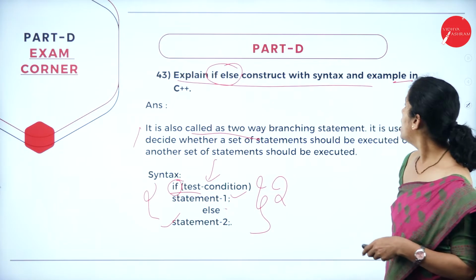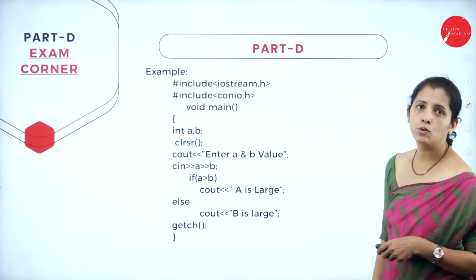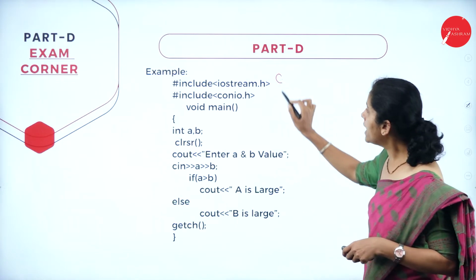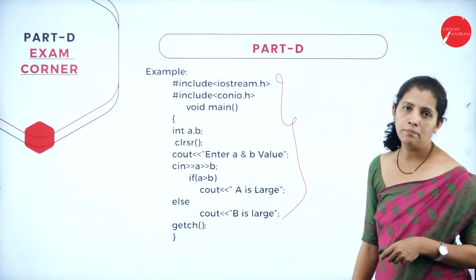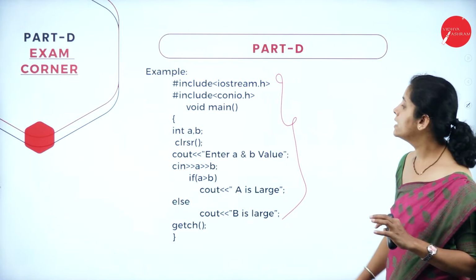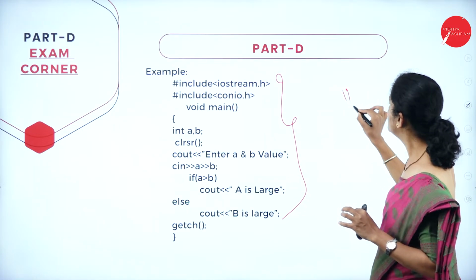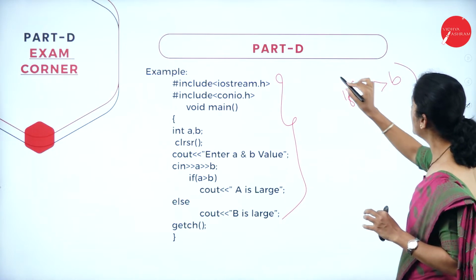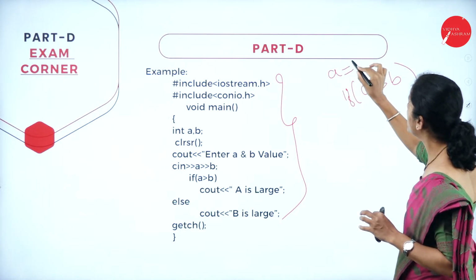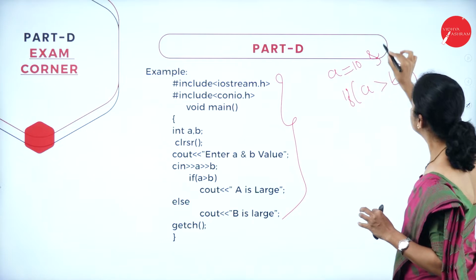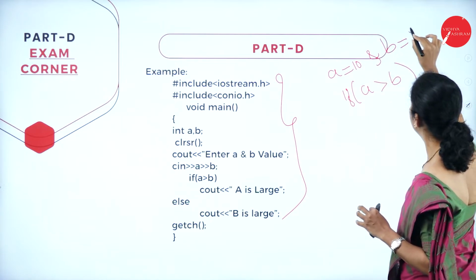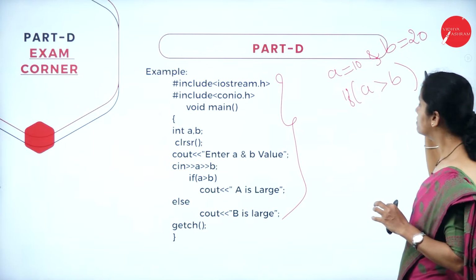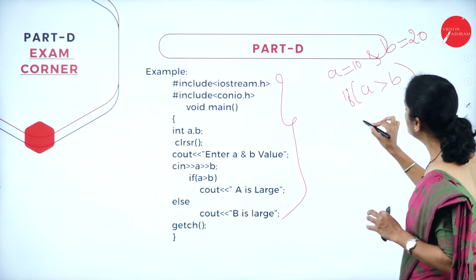Now here, I have written a complete program. So, dear student, no need to write this complete program. Directly you can write if A greater than B. Before that, assign some value to A and assign some value to B. Now, if 10 is greater than 20, what do I want to do?